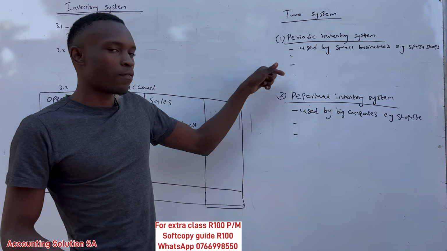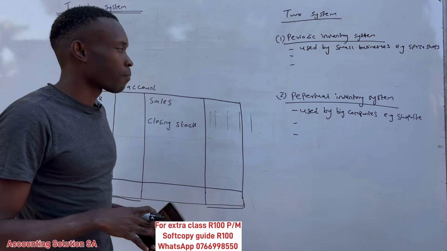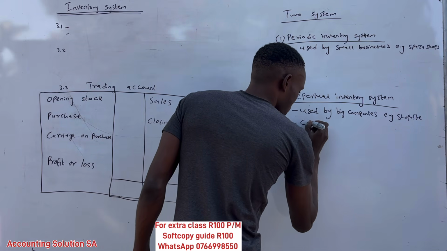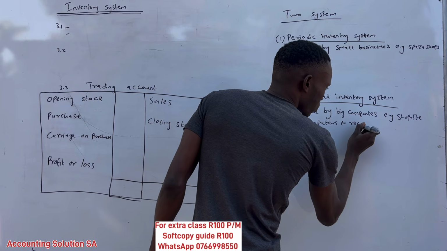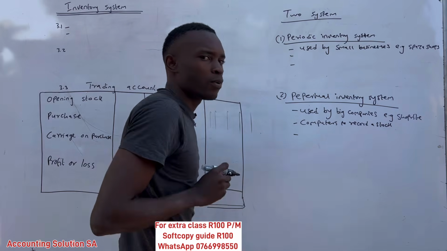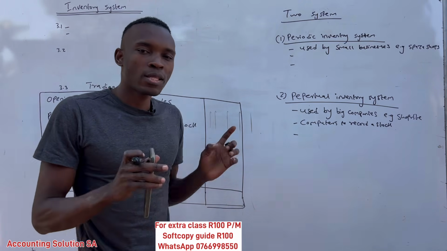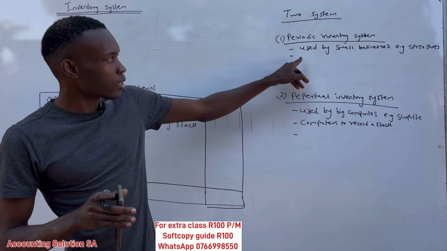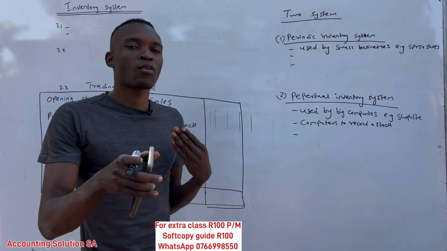Now let's go to difference number two. When it comes to the perpetual inventory system, the business has computers to record stock or inventory. In other words, a computer or software is the only one that is going to count the stock. But when it comes to periodic, a spaza shop does not have software or a computer.